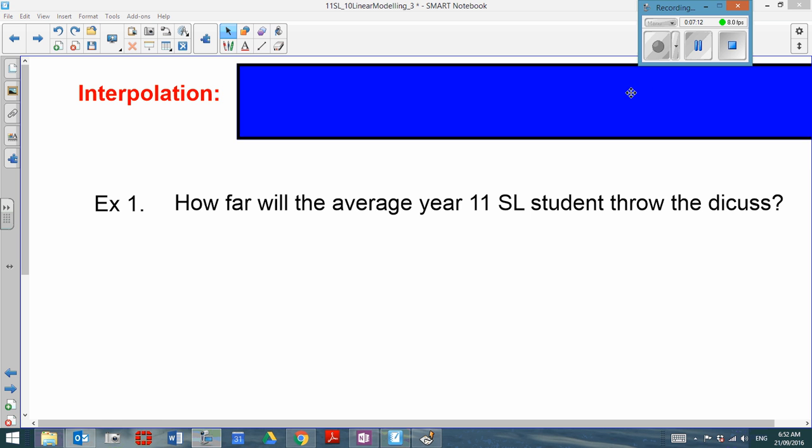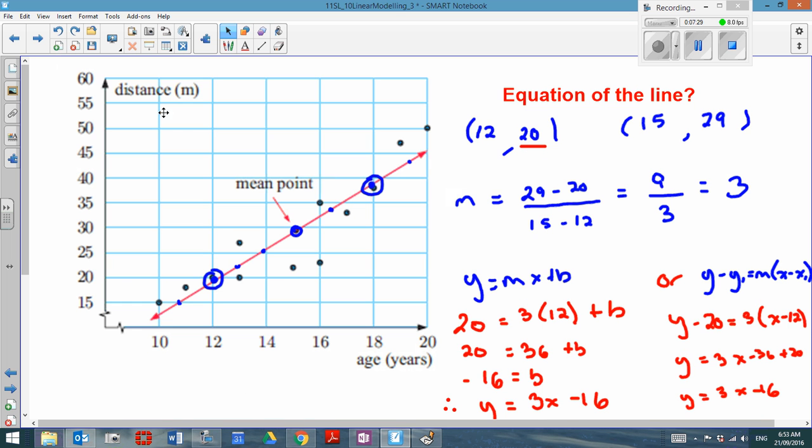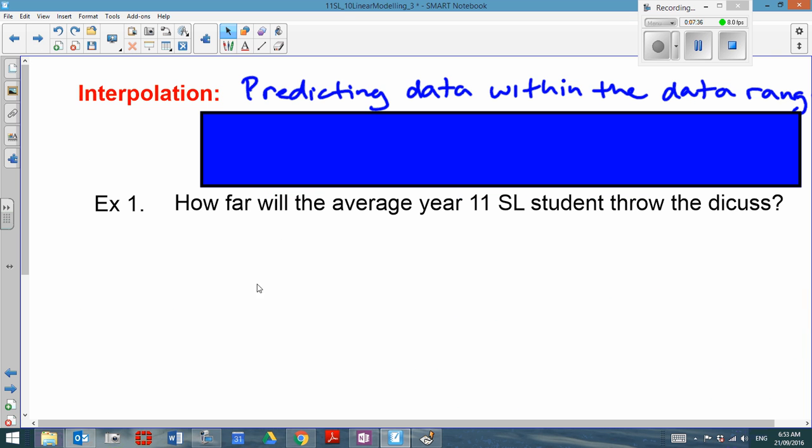Now that we have this equation, what we can do is some interpolation. Interpolation comes from interpret the data. We're predicting data that's within the actual range that we're given. So if we look back at our graph, if we wanted to predict a value that's within this range, that would be interpolation. So how far will the average year 11 student throw? Well, we're looking at an age of 17, possibly.